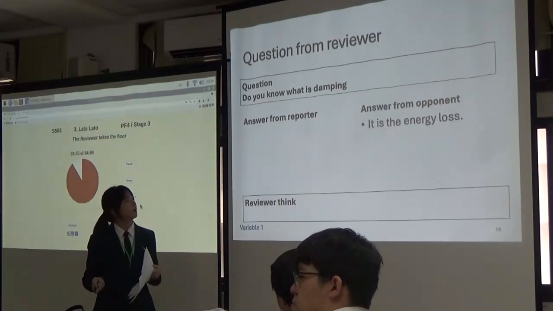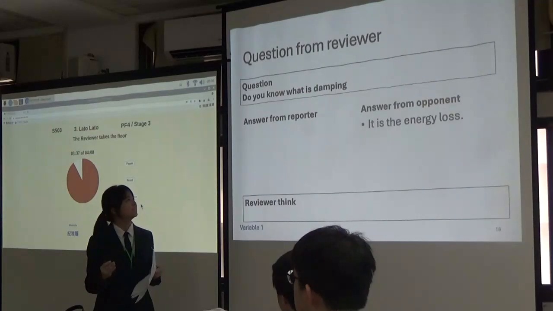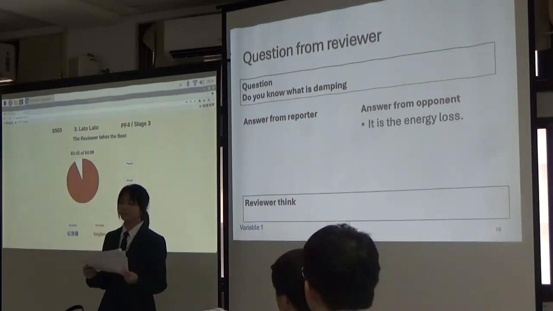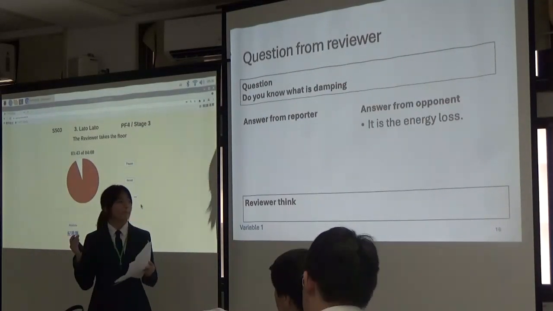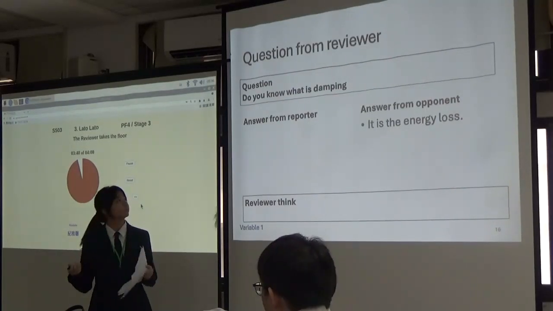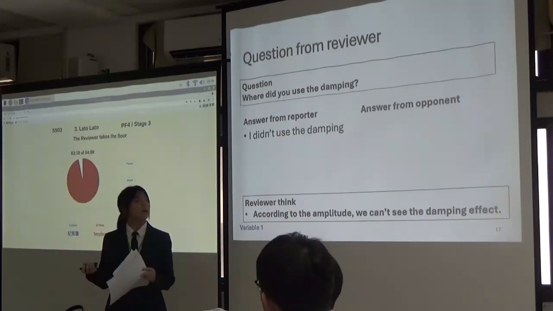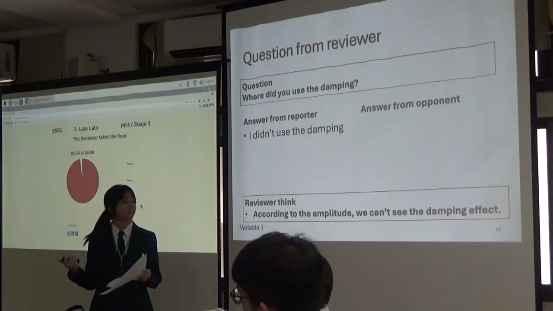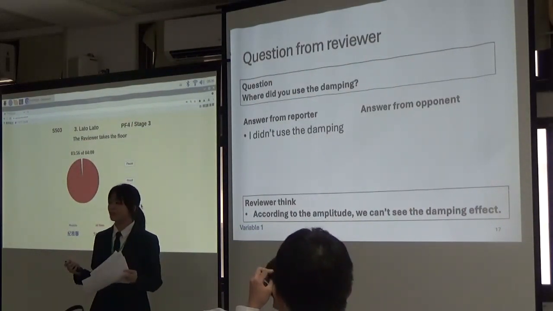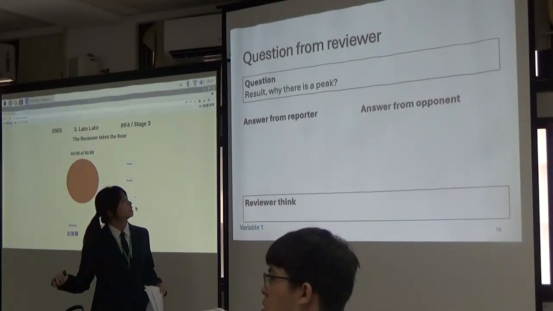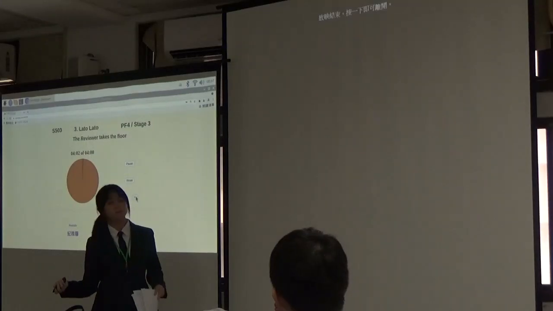And I asked, what is the damping? He said it's an energy loss, but I think it's like a resistance that may affect this phenomenon and make it hard to move. And I asked, where did you use the damping? They calculated the damping coefficient, but they didn't use it. Time's up.